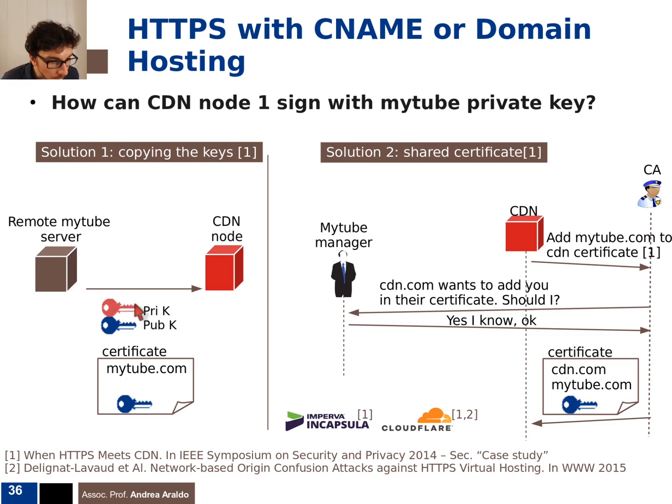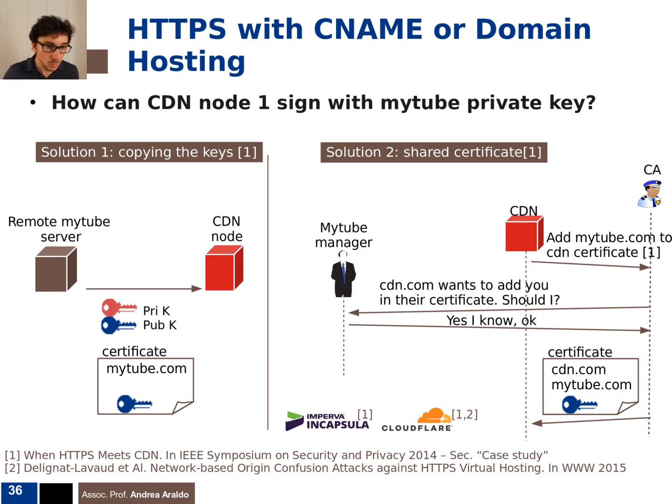So MyTube sends also the public and the private key to CDN. Like this, CDN can apply the signature with the private key as if it was MyTube. In this way, CDN can impersonate MyTube with all the users.